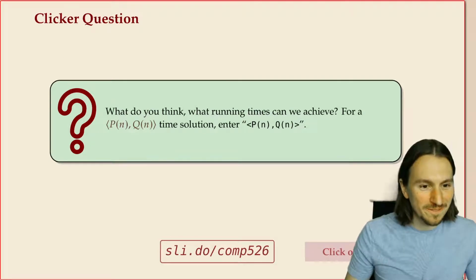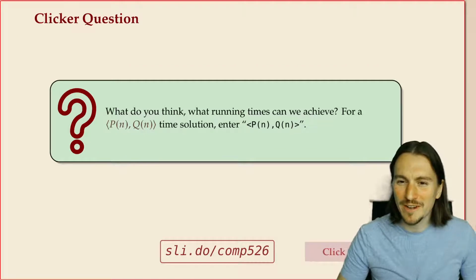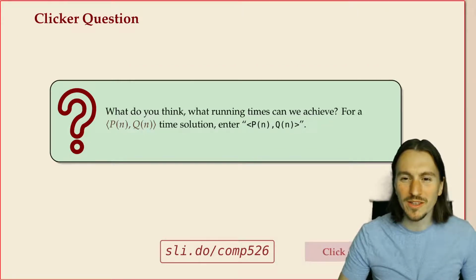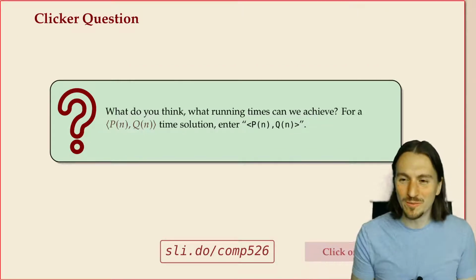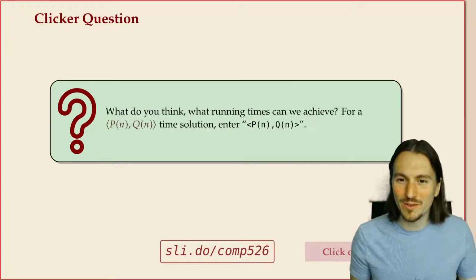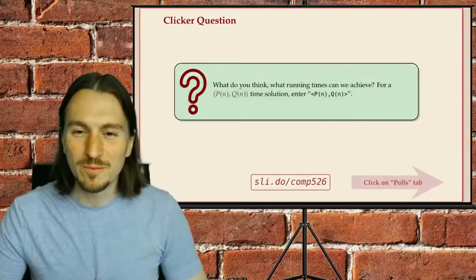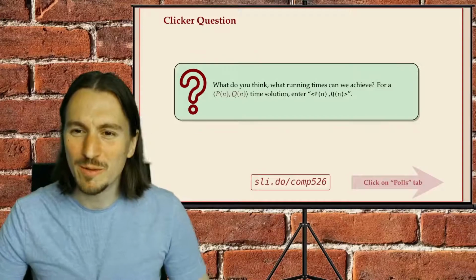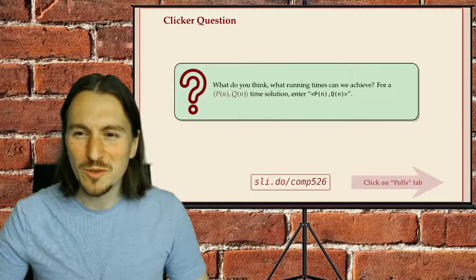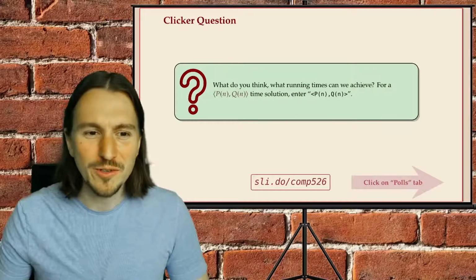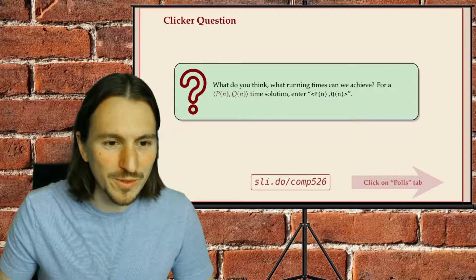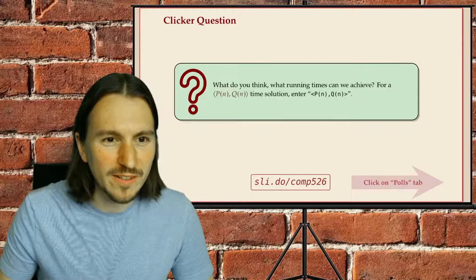So now I want to see just some wild random guesses. Without knowing the problem, without having really thought about it, what combination of P and Q do you think is possible to attain?